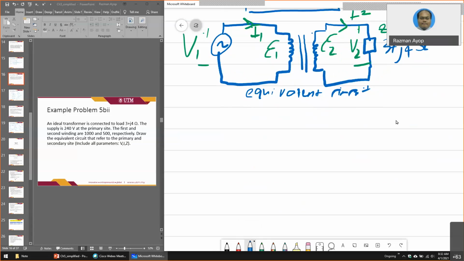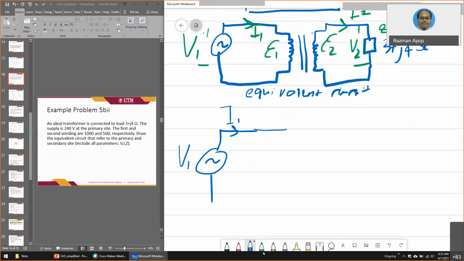Basically we want to eliminate the transformer so it is easier for you to calculate. So if you bring this to the primary side, everything in the primary side you just leave. You get V1 and I1, so just leave them.